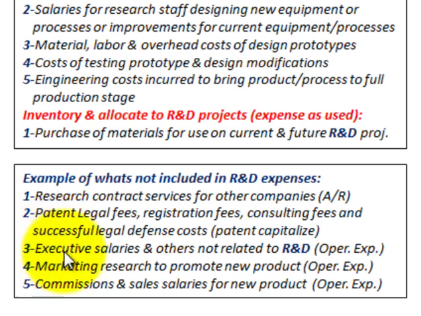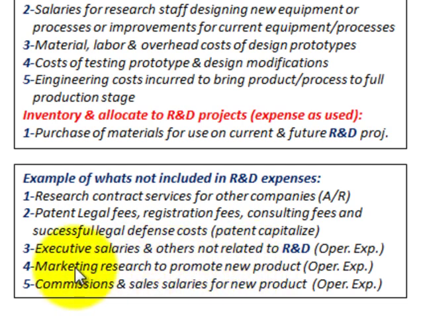And number 3, executive salaries and others not related to the R&D activities. There are a lot of other salaried people working in the company, but if they're not directly tied into this R&D department or activity, then you wouldn't be recording them as an R&D expense. They'd just be an operating expense. And number 4, marketing research to promote a new product that might be going through research and development.